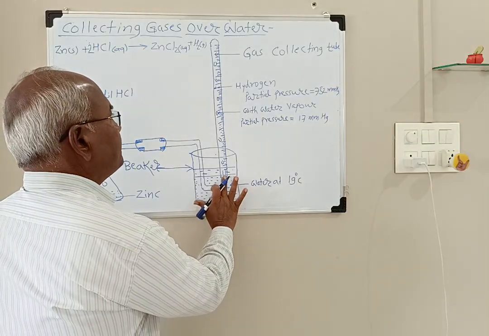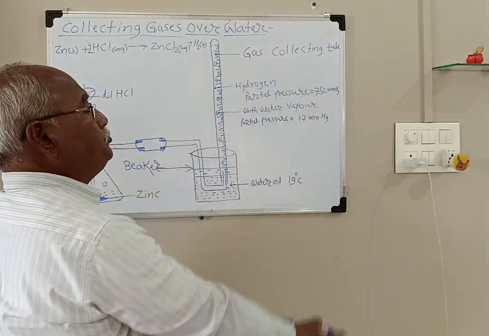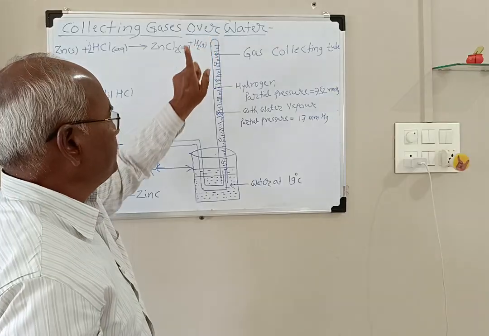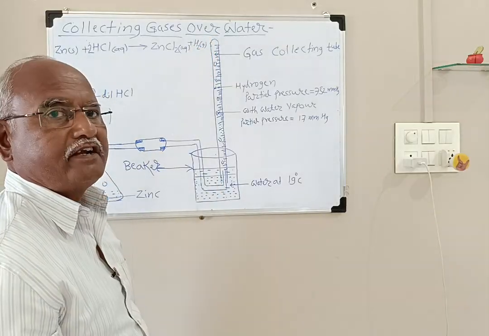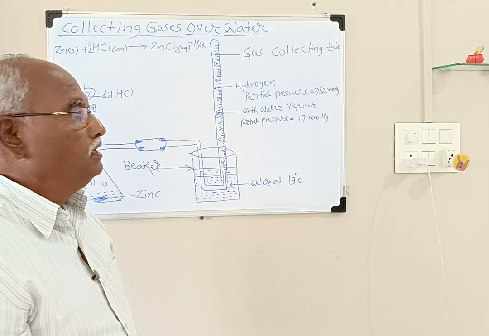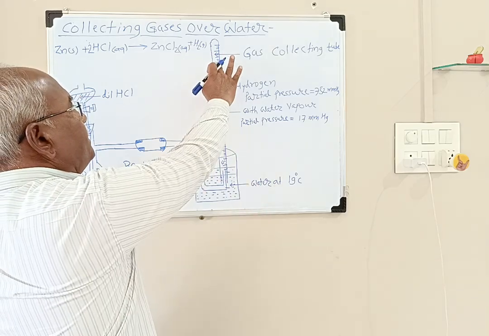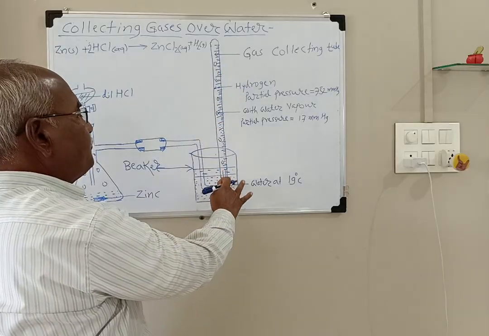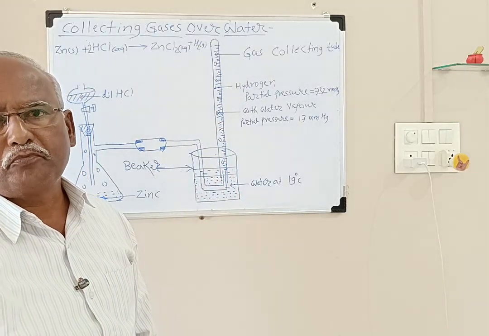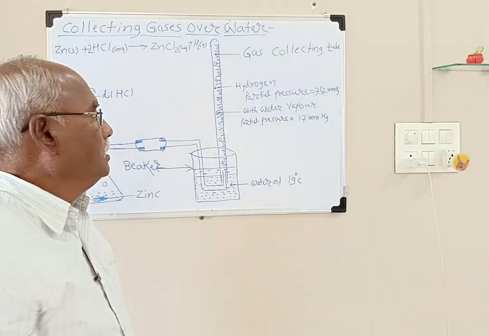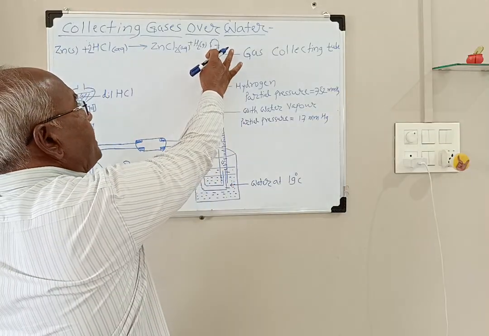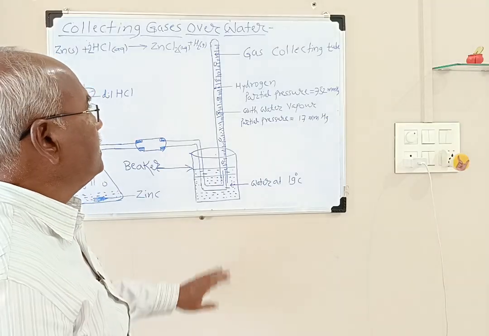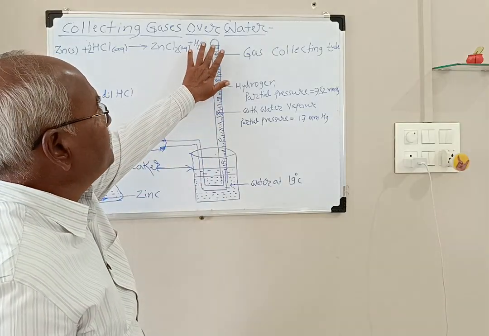Hydrogen enters this gas collecting tube which is closed at one end and open at the other end. 0 ml is marked at the top and marking progresses towards the bottom. So the collected hydrogen is at the top.